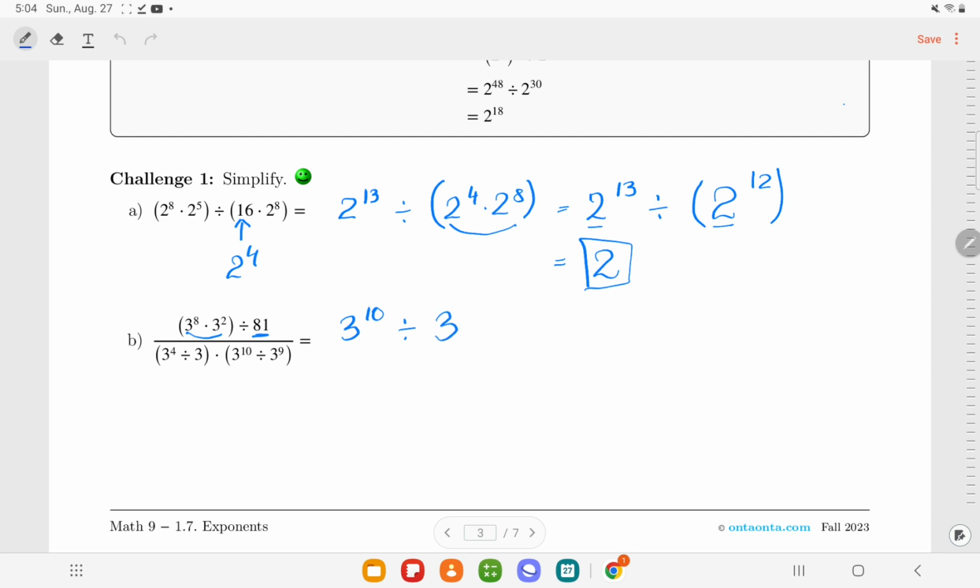So 3 times 3 is 9, and 3 times 3 is 9, and 9 times 9 is 81. So we have to multiply 3 by itself 4 times. Now, in the denominator, this is division, so we keep the base, we subtract the exponents, and in another bracket, we keep the base, we subtract the exponents.